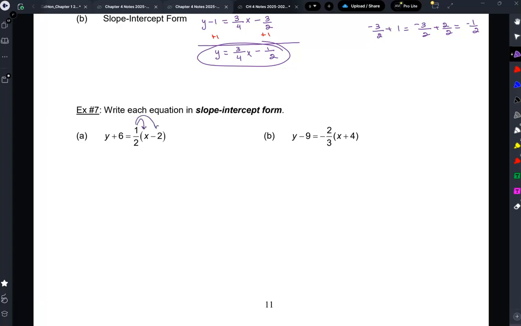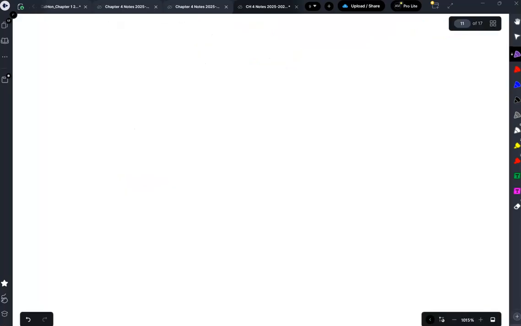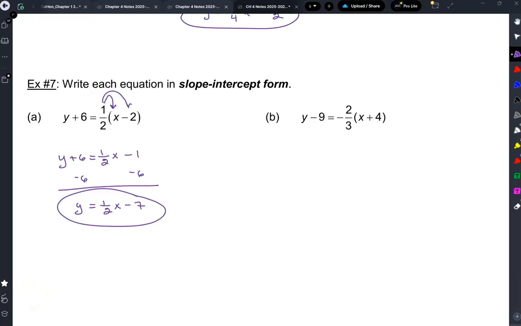Put this in slope-intercept form. So now, let's do the next one. Distribute.